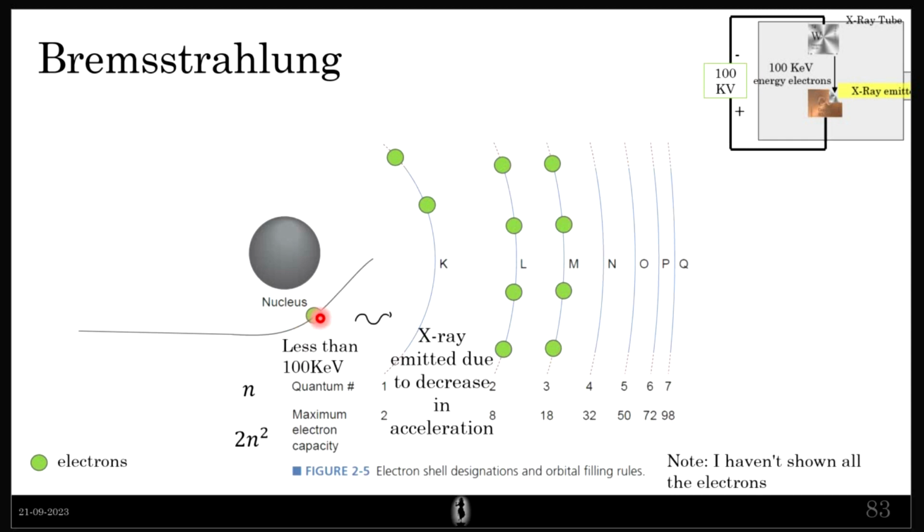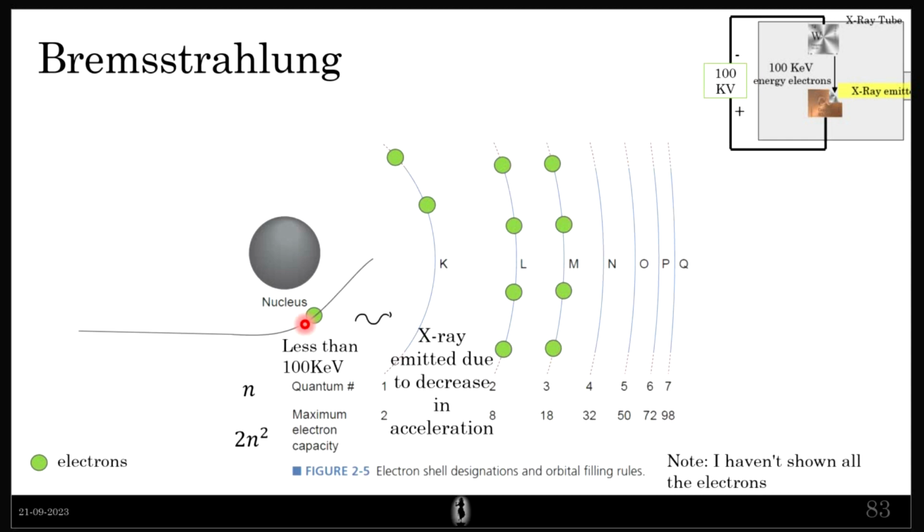So that is the difference between characteristic radiation and braking radiation. The analogy is that of a car. When you are in a car driving with a certain amount of speed and you put brakes, it will decrease the acceleration, which in turn will decrease the velocity.